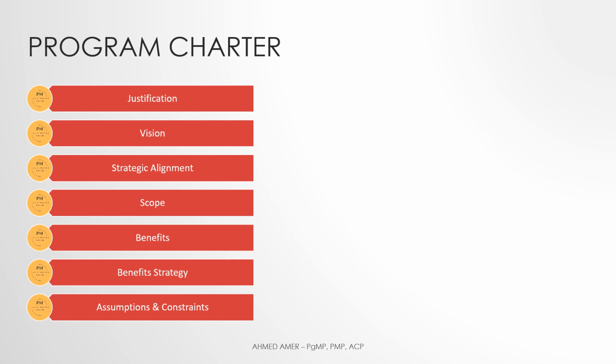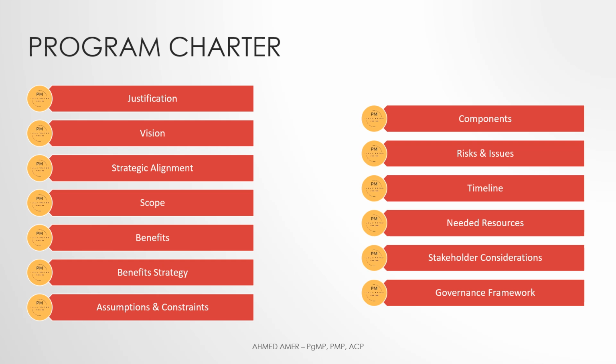Assumptions and constraints. What are the assumptions, constraints, dependencies, and external factors? How have they shaped or limited the program's objectives? Components. How are the projects and other program components configured to deliver the program and the intended benefits?